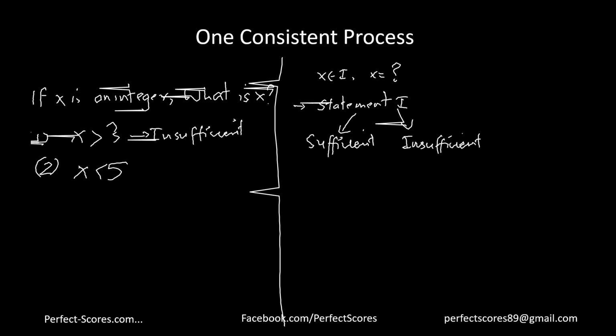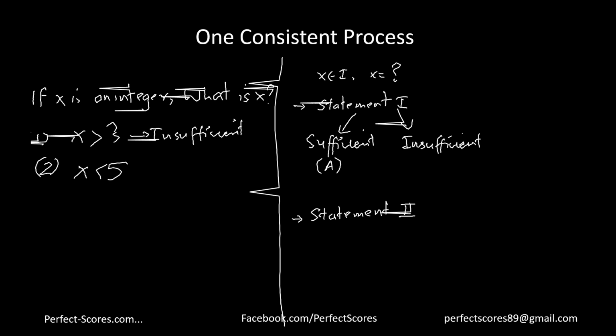Okay. Now, what are the possibilities? If statement one turns out to be sufficient, then the answer is option A. If statement one turns out to be insufficient, then there could be other possible answers. Now, if you are done with statement one, then what you do is you look at statement two, and then you find out whether statement two is sufficient or not.